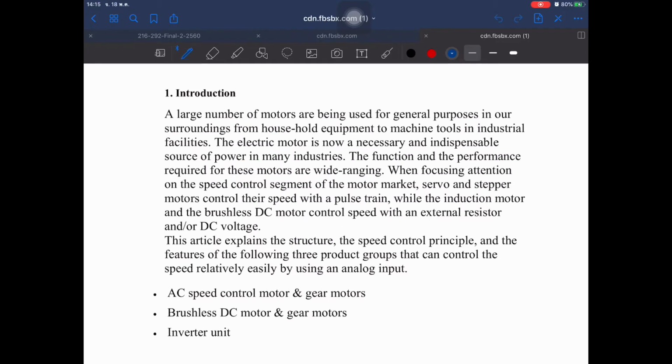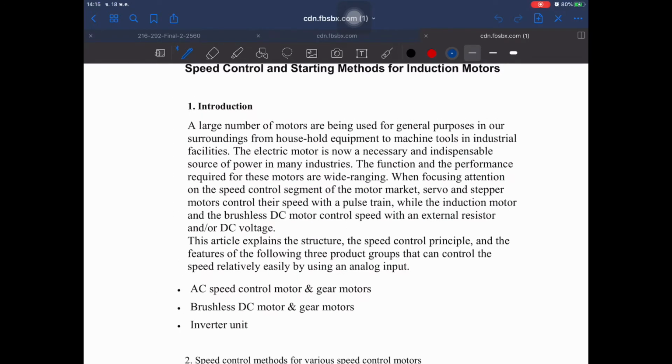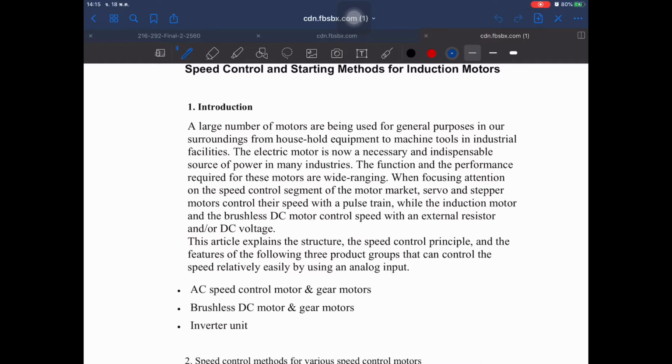A large number of motors are being used for general purposes in our surroundings, from household equipment to machine tools in industry facilities.